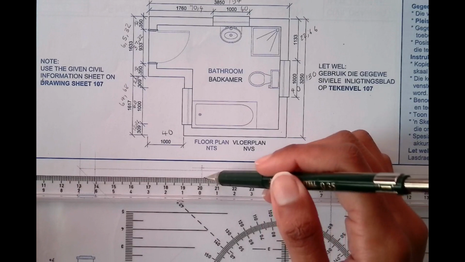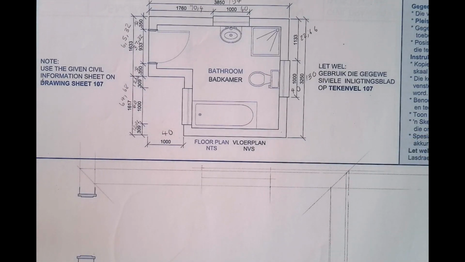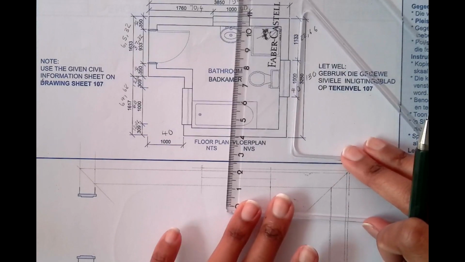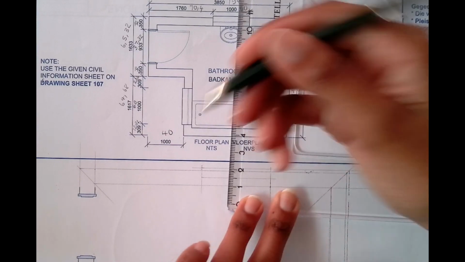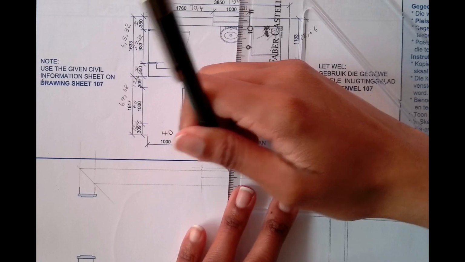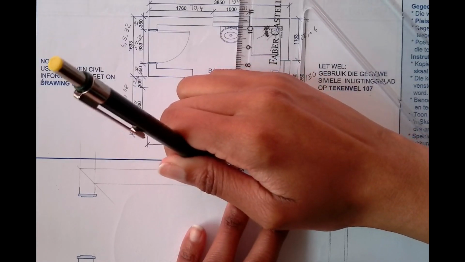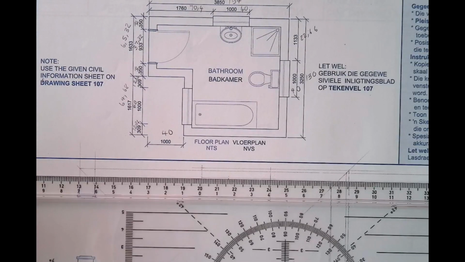So this is the center of the wall here at 4. And then once you have that center, you already know that you have to measure your 0.5, 0.5, because 25 divided by 25 is 1. So you mark 0.5, mark 0.5.